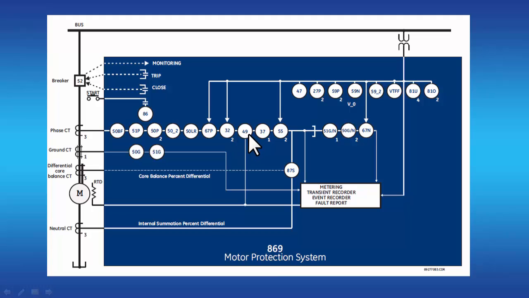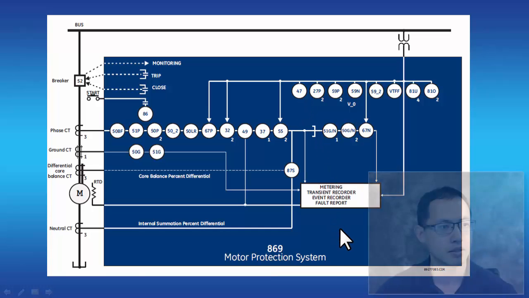This is different from the thermal model in the 850, which is the cable thermal model; this is the motor thermal model 49. It also has the 87 differential, which has dual slope differential characteristics. And for the voltage elements, it has 47 reverse voltage, phase reversal.